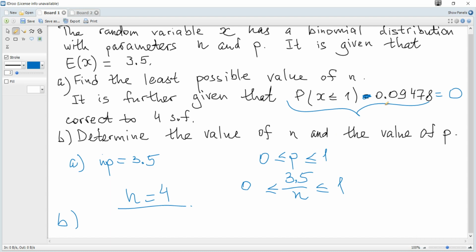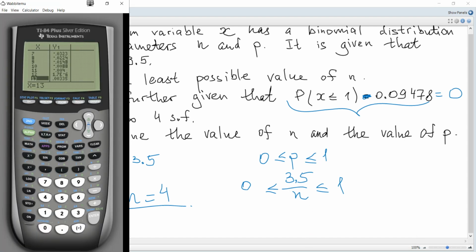So we need to consider this function and let n be an unknown value, so it will be x when we use the calculator. So we choose function y and we consider this function. What is the probability that x is less than or equal to 1?